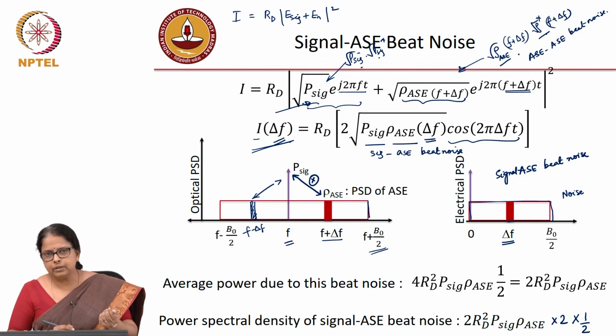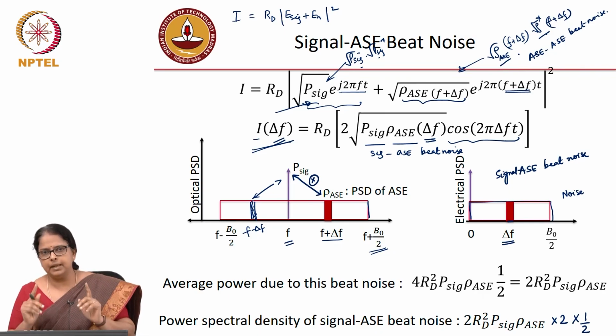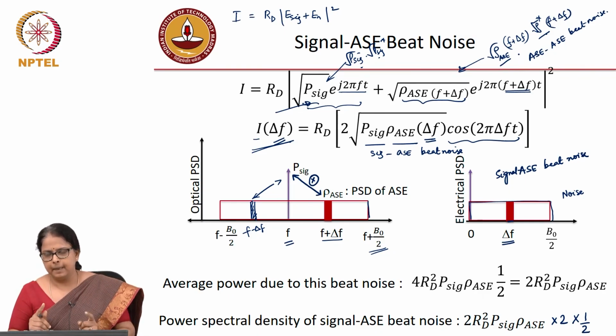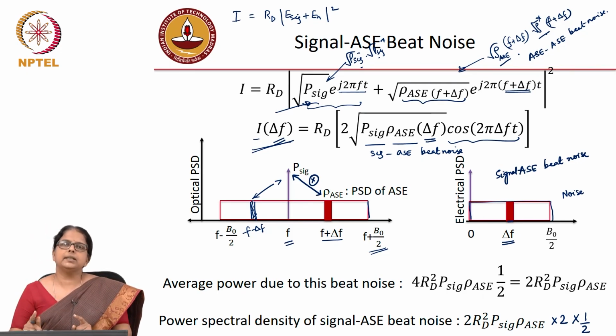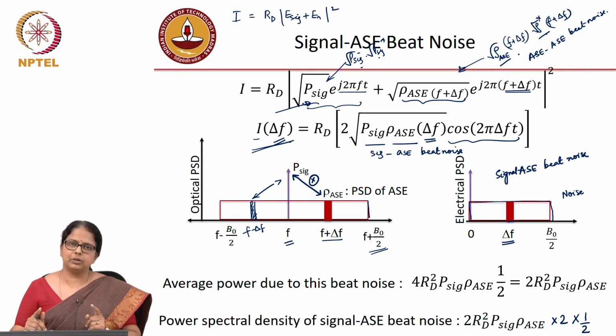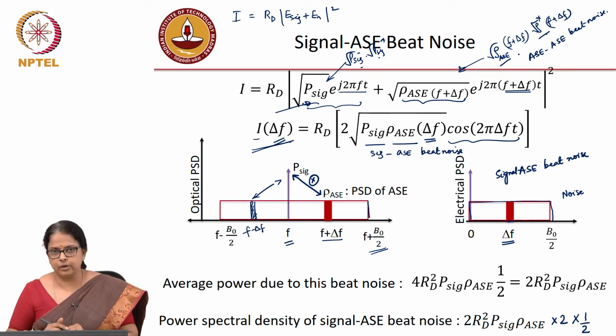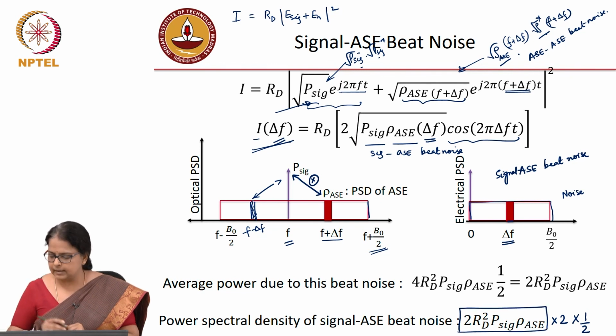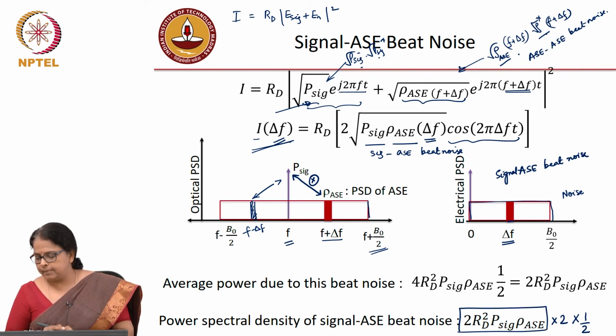So, I multiplied with a 2 to consider the beat from either side of the signal, and multiplied with half to consider the effect of the random polarization of the noise. So, effectively my power spectral density of noise remains as 2 Rd square P sig rho ASE.